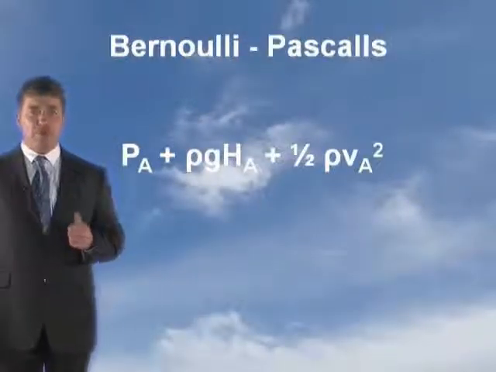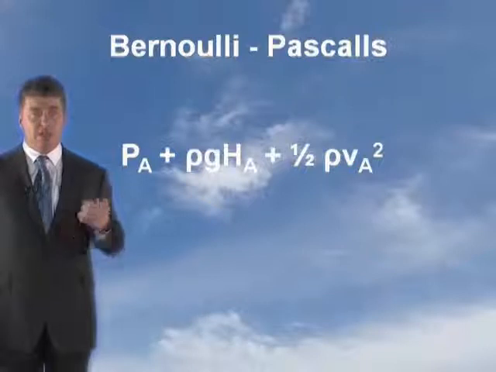So therefore, the Bernoulli equation for working with these examinations can come in three forms, whether it's pascals, metres head or bar. When you're working in pascals, this is the formula.